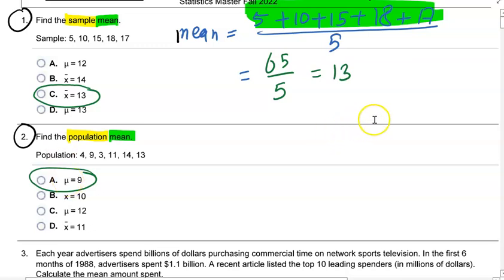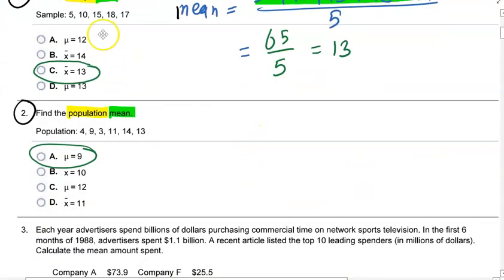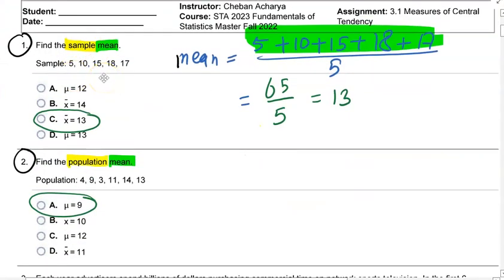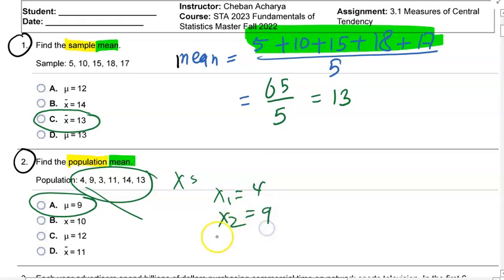I want to point out something here in these questions. Since we call these data items, they are also called x's. In other words, this 4 is x1, x2 is 9, x3 is 3, x4 is 11, and so on, and x6 is 13. It doesn't matter.